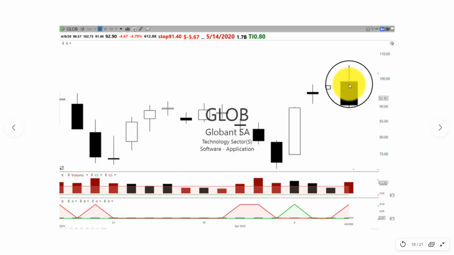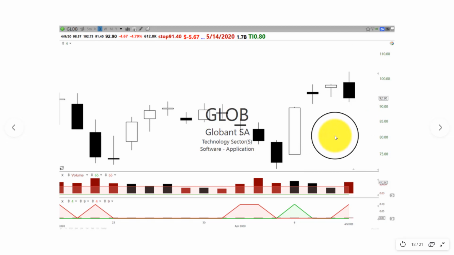So let's say hypothetically that you bought the stock at the opening price when the market opened, and then you sold it at the closing price when the market closed. You would make a net loss of $5.67.